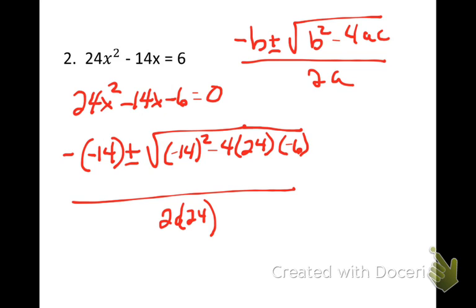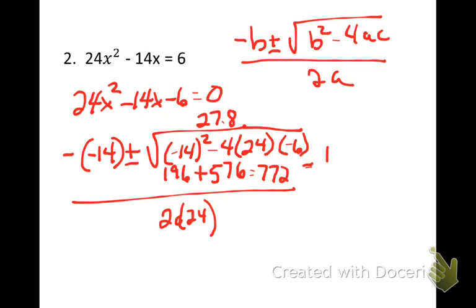So negative 14 squared is 196, minus negative becomes plus, and I do all the multiplication there, I get 576. Add those together, and I get 772. That's what I need to take the square root of. We will be rounding square roots to the nearest tenth, so when I take the square root of 772, I get 27.8.